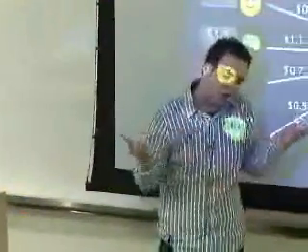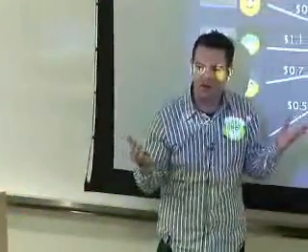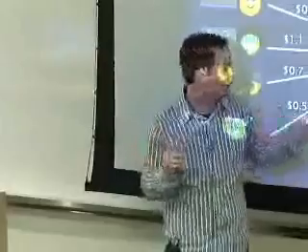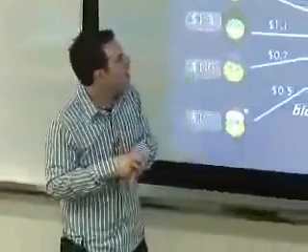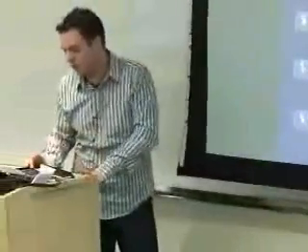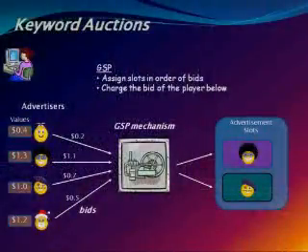Why? Because it's the one used in practice, or at least it's our assumption that it's the one used in practice. So again, this mechanism sorts the bids and assigns the slots in that order, and it charges the bid of the player below. Let's just take a look at a quick example.